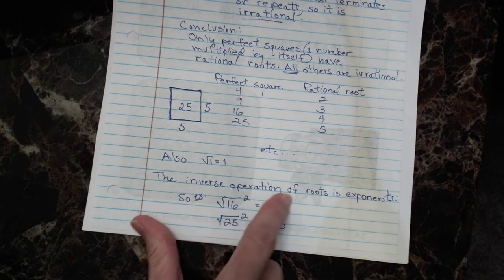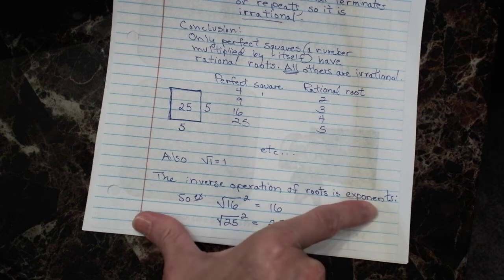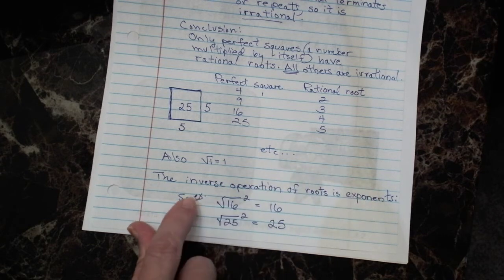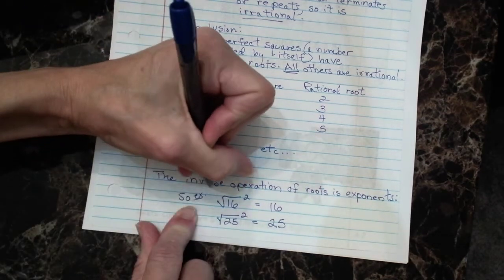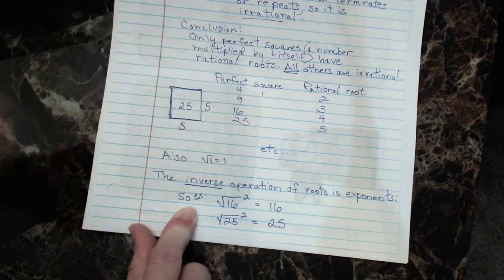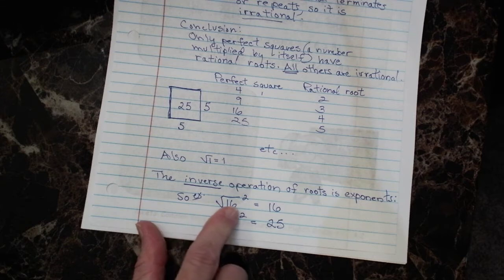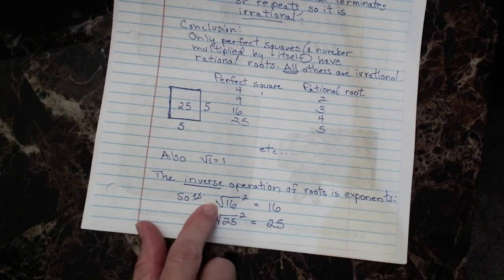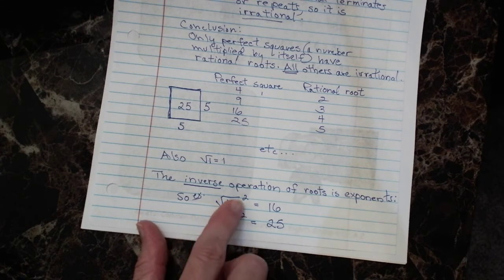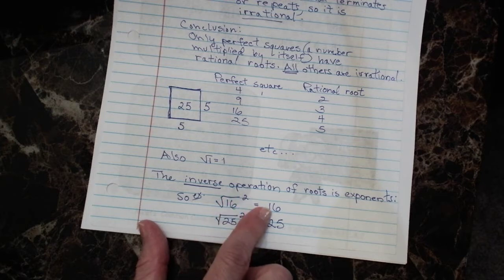And then the inverse operation of roots is exponents. So inverse, meaning opposite operation. So for example, the square root of 16 is 4, and then if you square 4, you get 16.